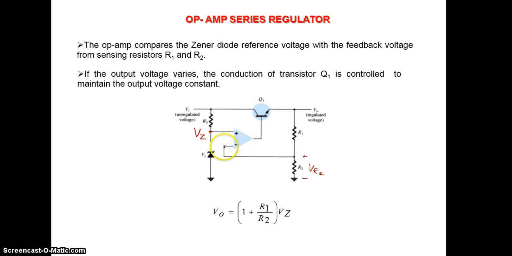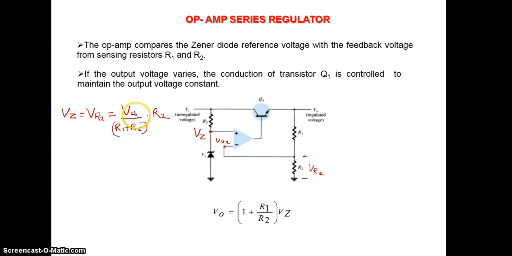By the virtual ground concept, VZ should be equal to VR2. By the voltage division rule, VR2 equals VO divided by R1 plus R2, multiplied by R2.